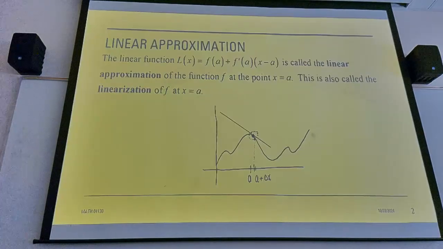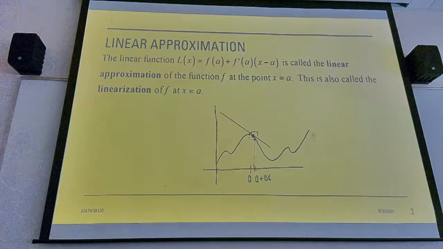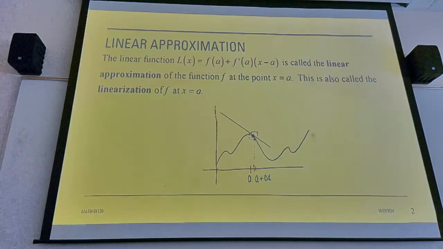Now these are approximations. Whenever you do an approximation, there is always an associated error. Right. And then that brings in the idea of accuracy versus precision. They're not the same thing.